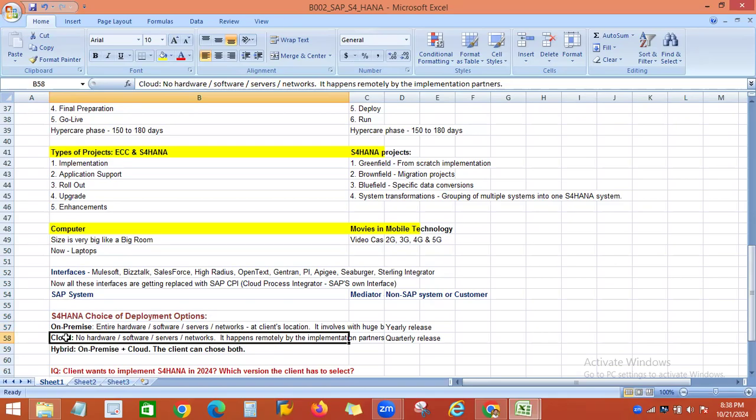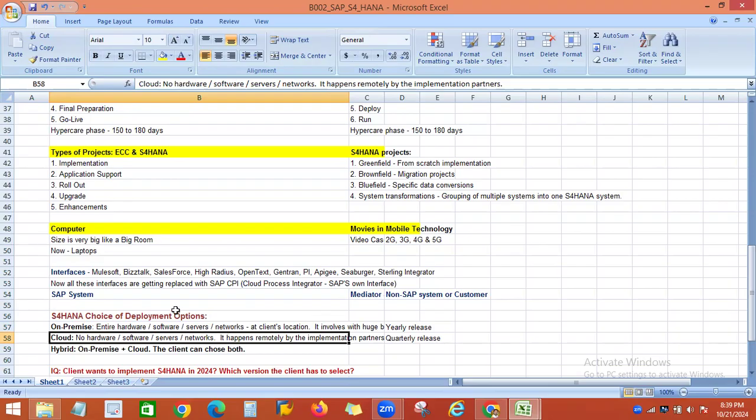There is a 50-50 chance, or it might be 100% secure. However, SAP has given the facility that there is no hardware, software, server, or network. It happens remotely by the implementation partner. And guys, please remember, if data is placed on the cloud, there is a quarterly release. However, in on-premises, there is a yearly release.